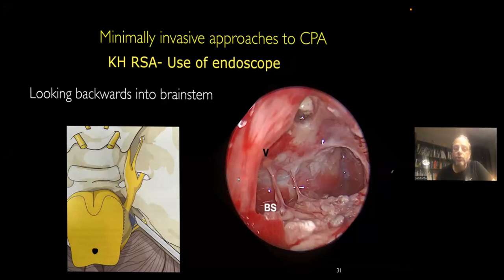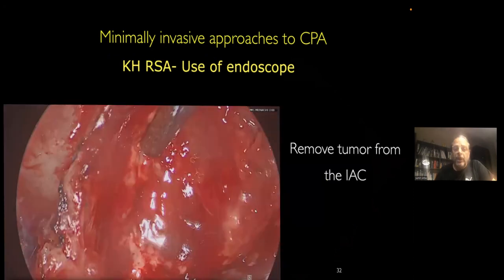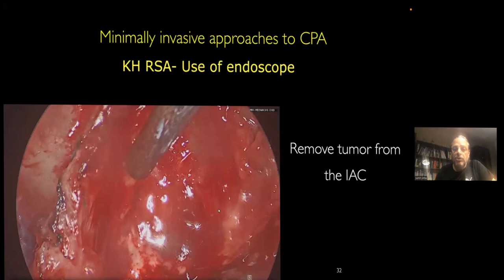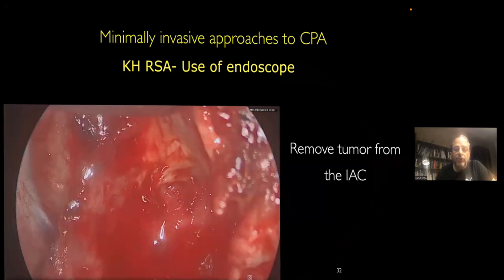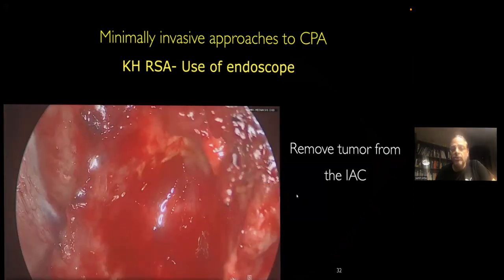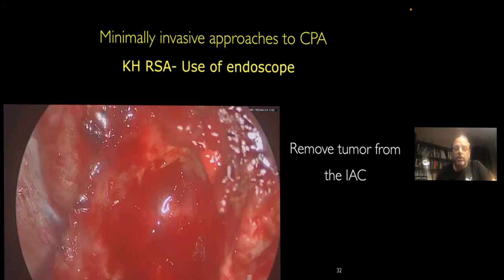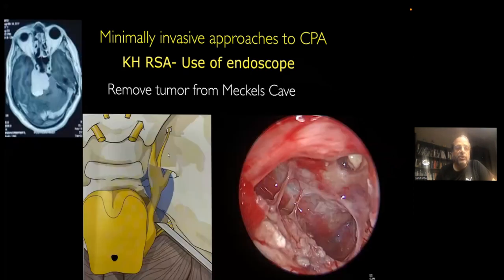Yes, endoscope is a beautiful tool, but the facial nerve beneath the arachnoid over here is stimulable functionally and preserved anatomically. And this is how you can utilize, you see the facial nerve over here, this is how you can utilize your endoscopic tool to your advantage during the surgery.